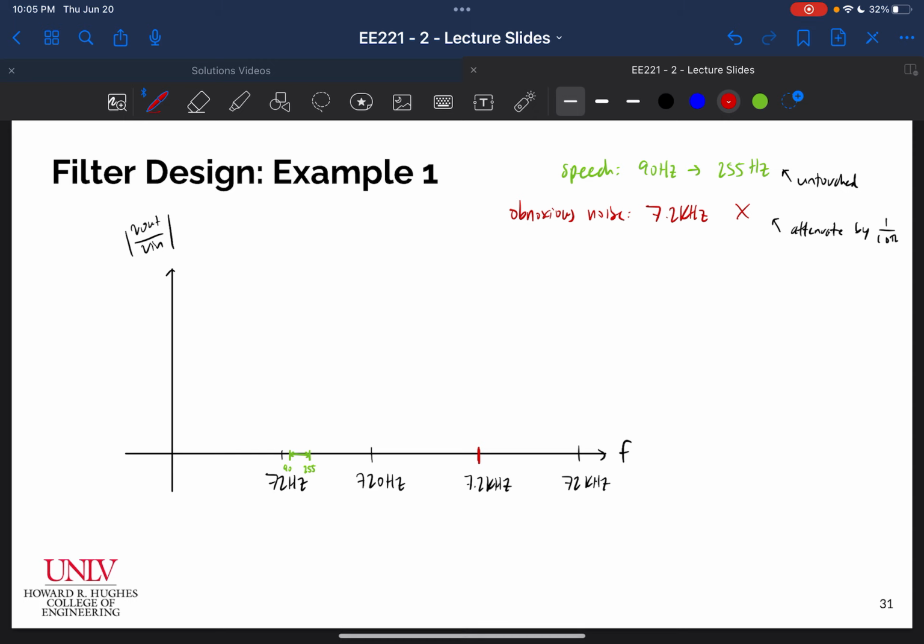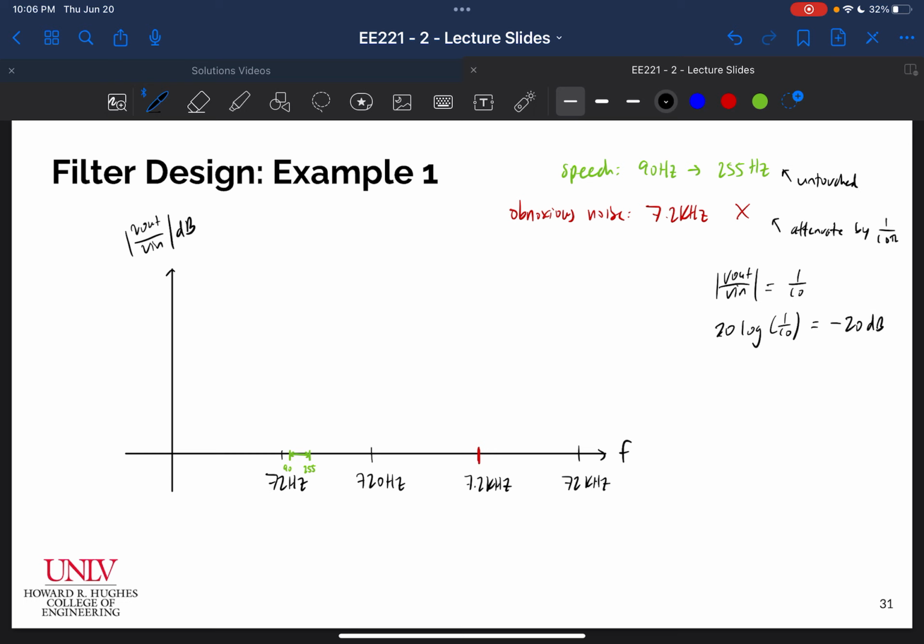And so we want to attenuate by 1/10, right? Well, what is my magnitude in dBs if I'm trying to attenuate by 1/10? That would mean I want the magnitude of V out over V in to be equal to 1/10. And so 20 log of 1/10, which is how we get it into dBs. If I put that in my calculator, I'm going to get negative 20 dB.